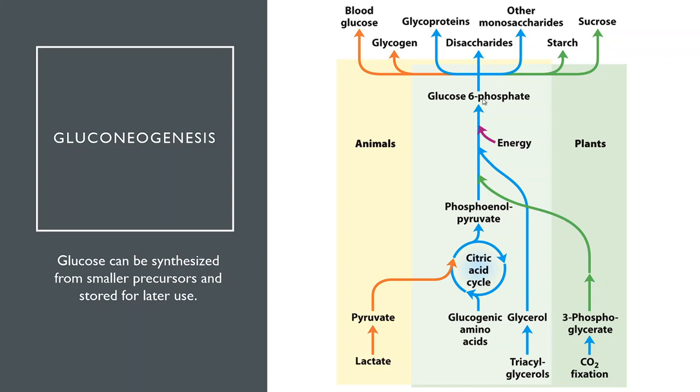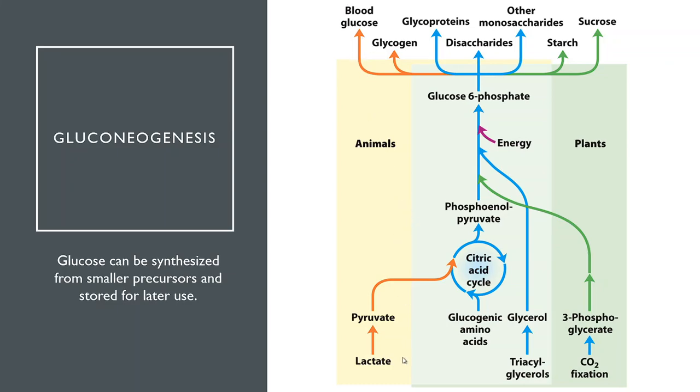And then again, in animal cells, they can be converted into other monosaccharides or disaccharides. They can be used to make glycoproteins, or for storage, they can be converted into the storage form of glucose in animal cells, which is glycogen. Or they can just be present in the blood as blood glucose.